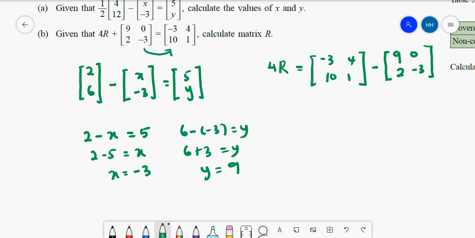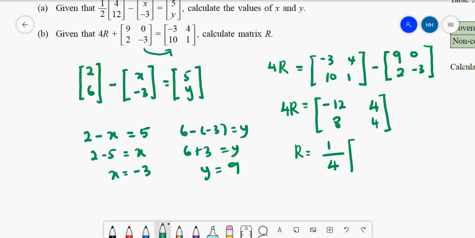So you solve this: negative 3 minus 9 is negative 12. 4 minus 0 is 4. 10 minus 2 is 8. 1 minus negative 3 is 4. Okay, this is for R. So the 4 here becomes 1 over 4.